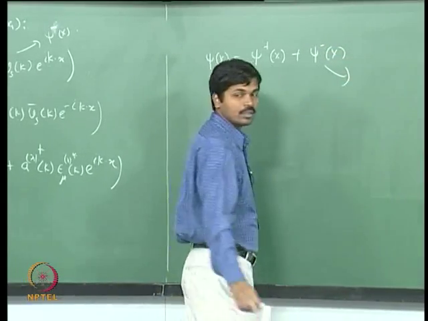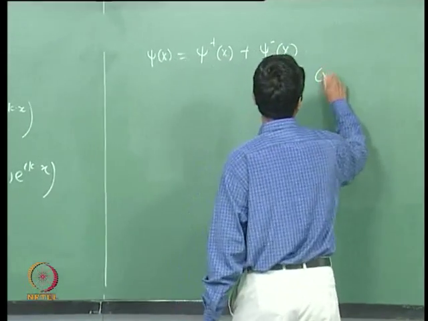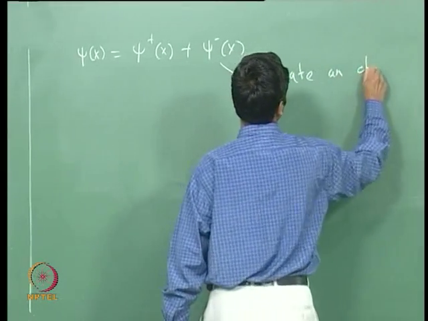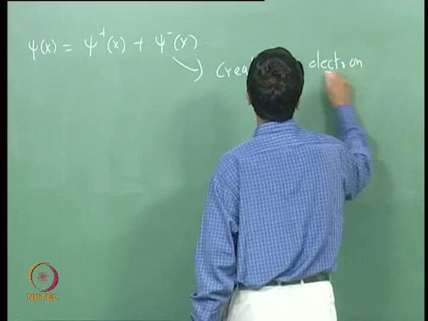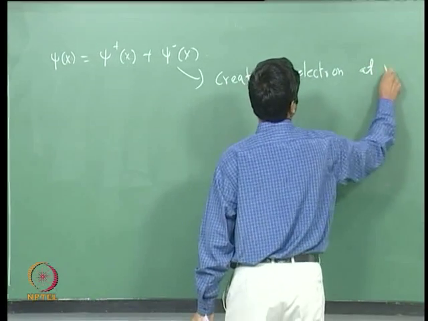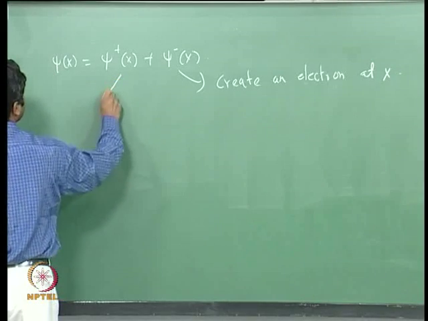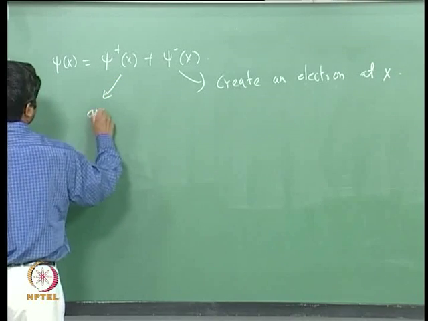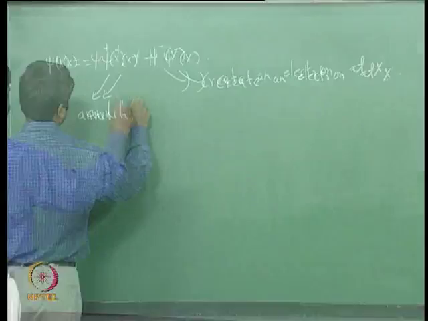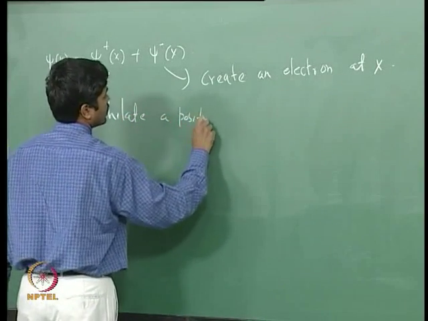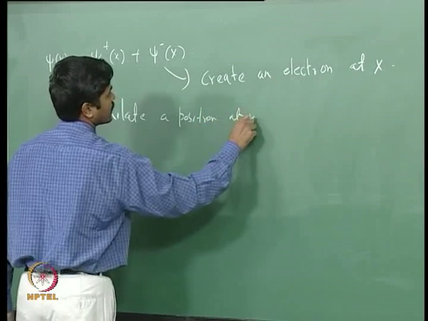This will create an electron at the space time point x, whereas this will annihilate a positron at x.